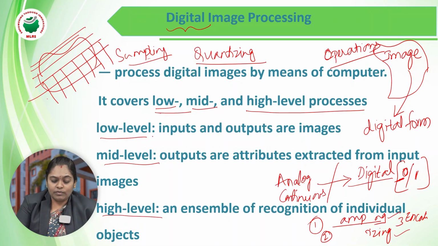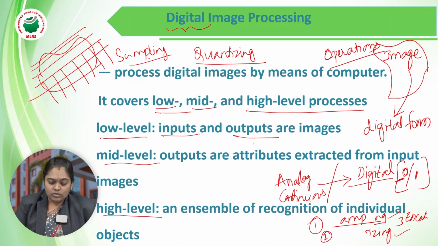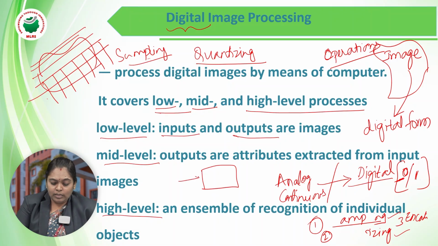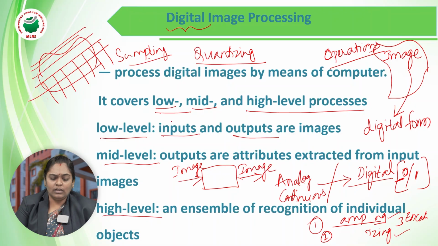In low level processing, the input as well as the output are both images. If the input is an image and the output is also an image, then it is called low level processing.